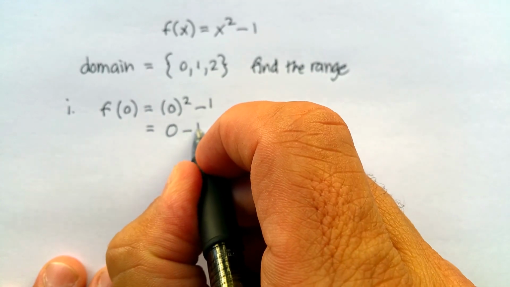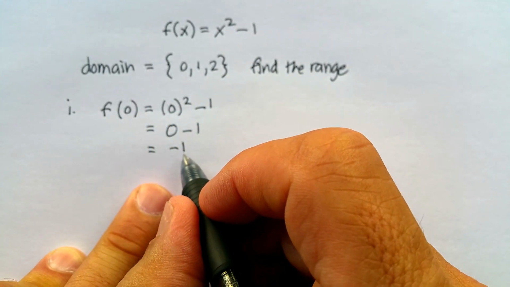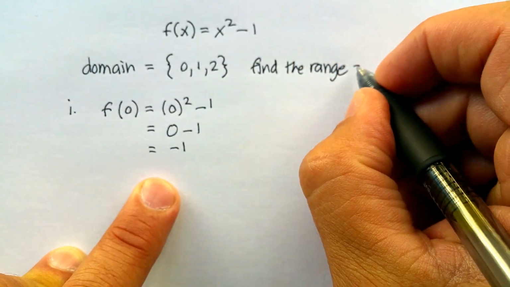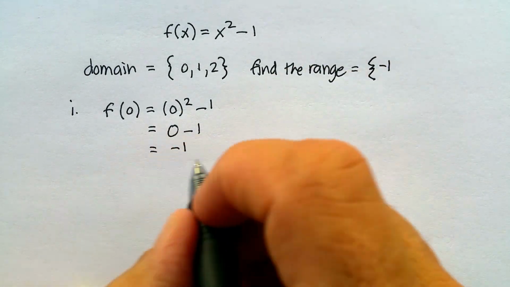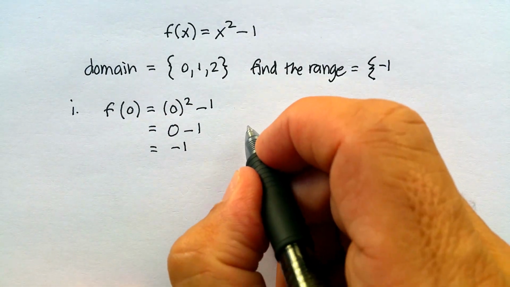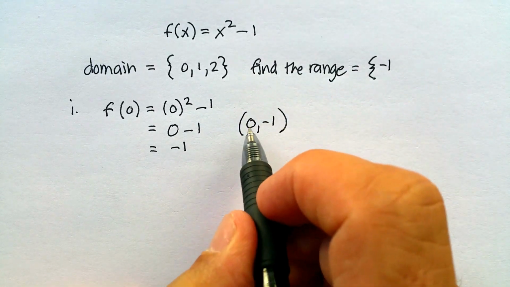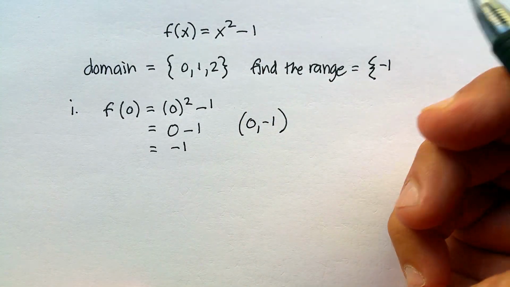That'll be 0 minus 1, negative 1. So my range is now so far negative 1, and my ordered pair would be 0, negative 1. 0 x produces a negative 1 y.